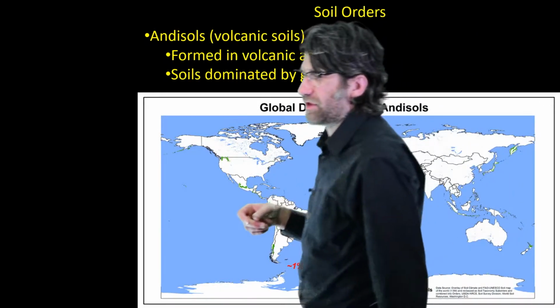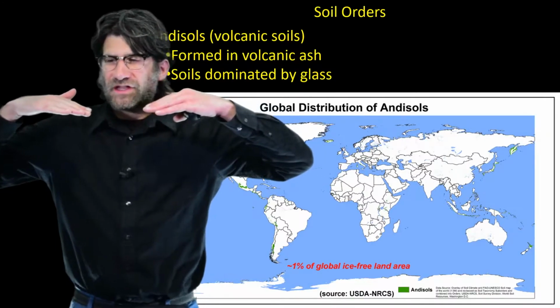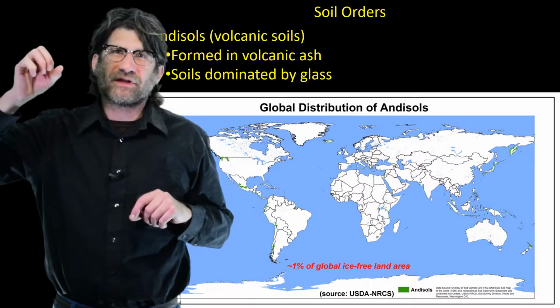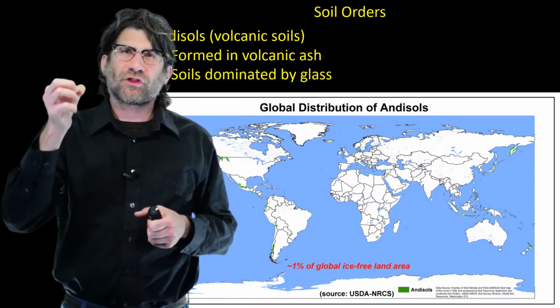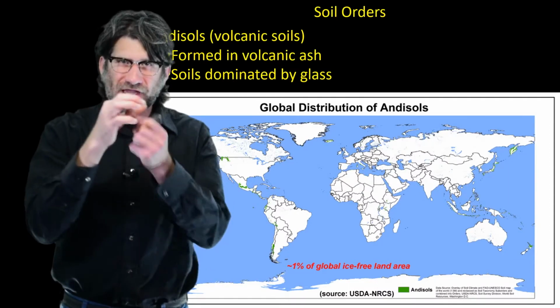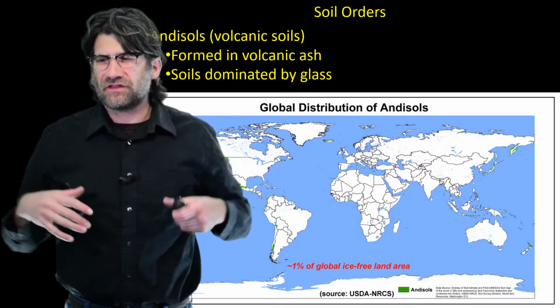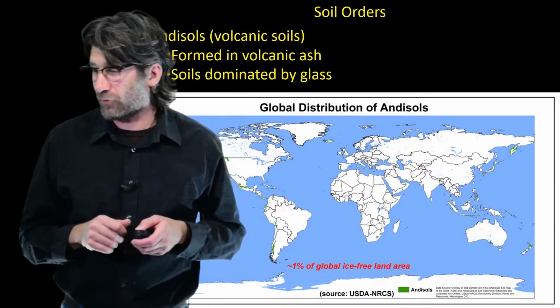And so andisols are formed by layers and layers of volcanic ash, and with that ash, you'll get glassy material, right? Because when stuff's erupted out of the volcano, magma, it cools really quickly, and you can't grow crystals, and so you have glass and ash that dominate these soils. And you'll find andisols up in the Blue Mountains outside of Walla Walla here.